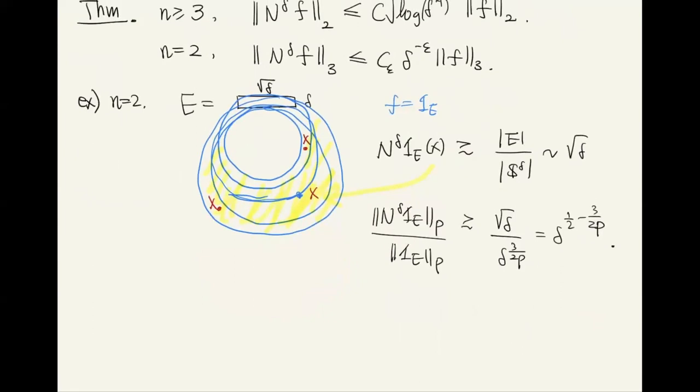In higher dimension, we can also consider net type examples like this. But it turns out that net type examples are not so efficient, because in higher dimension, the root delta caps of the sphere have much smaller volume compared to other types of examples.